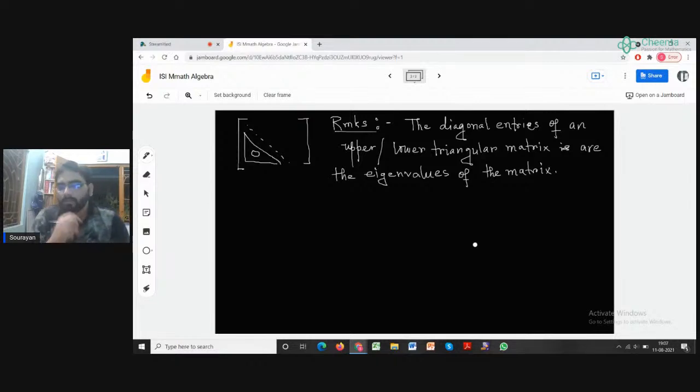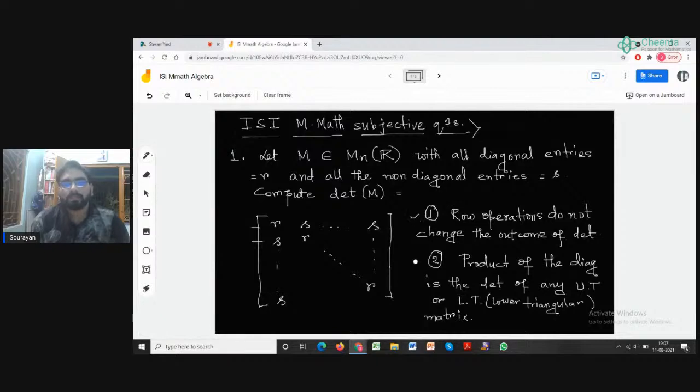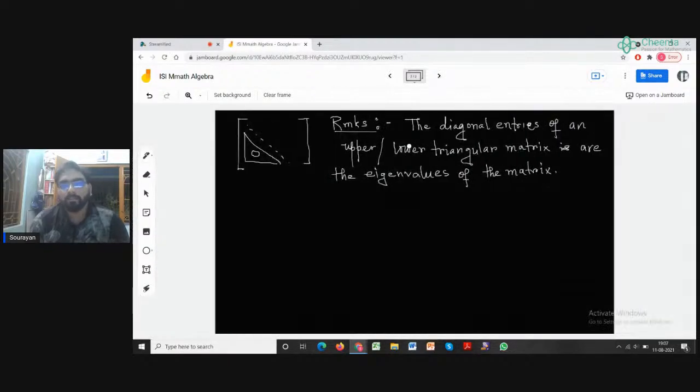Now, how do we combine the first, the second, and the remark? Let's first start with a 3x3 matrix. The pattern will actually follow. If you can work out the 3x3 matrix part, the n cross n will be in the same pattern. So we will see the 3x3 part.